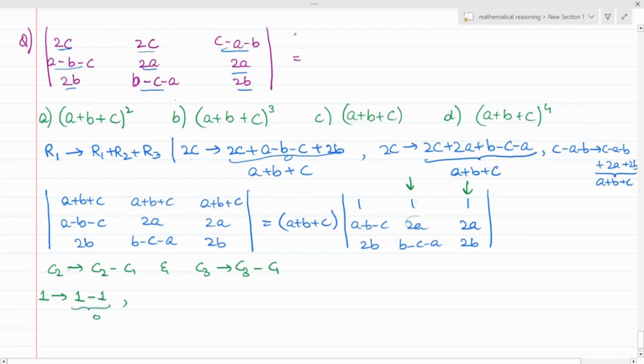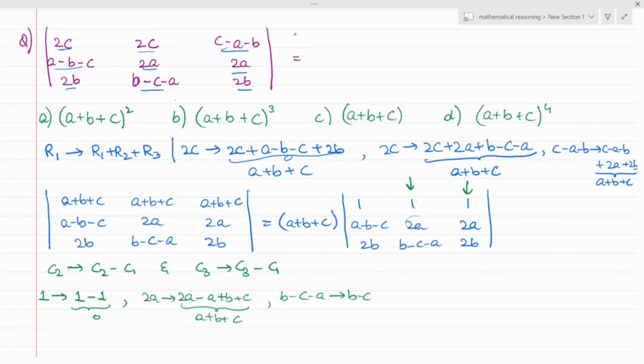Similarly, 2A changes to 2A minus A, this is minus of this, right? So it becomes plus B plus C, which is A plus B plus C. Now this B minus C minus A changes to B minus C minus A minus 2B. This is nothing but minus of A plus B plus C. So this is all about the C2 operation.